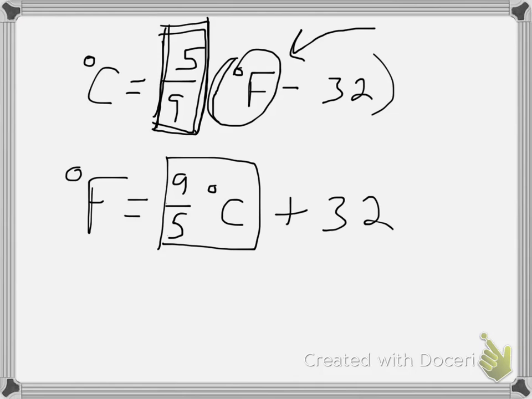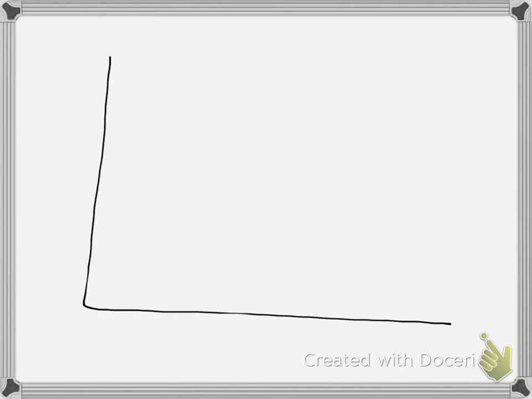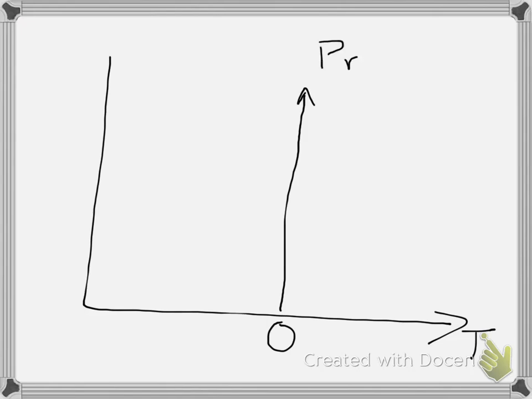And the issue with the Kelvin scale is this. Imagine that I have three gases, gas A, B, and C, and I look at those gases, and I let my x-axis here be temperature, and I let this be 0 degrees, and this axis will be pressure.